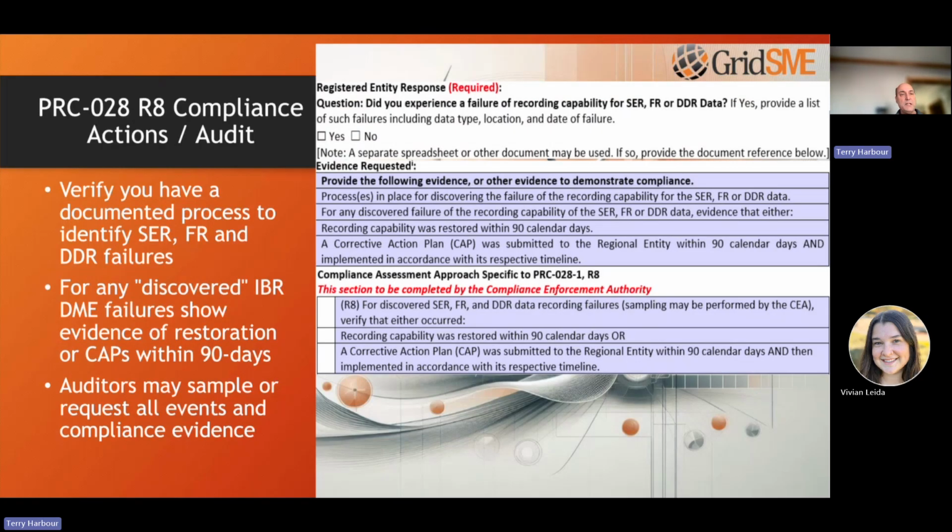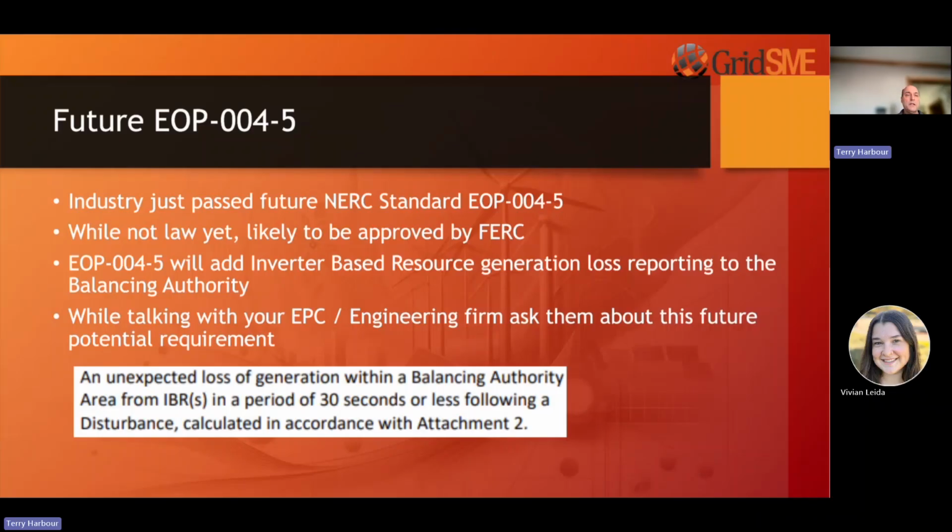So that's requirement 8. And now just to briefly talk about a new future standard, EOP 4-5. This is a standard that the industry just passed and is waiting for NERC and FERC approval.